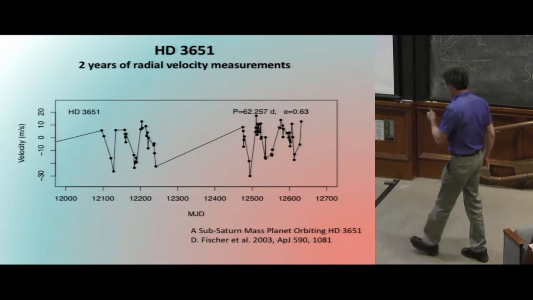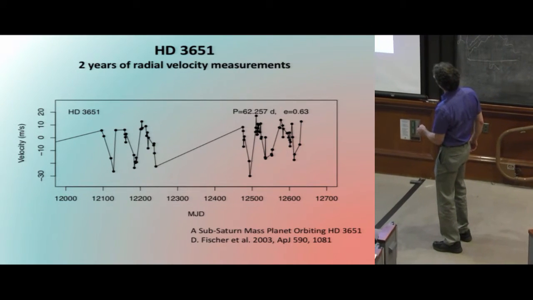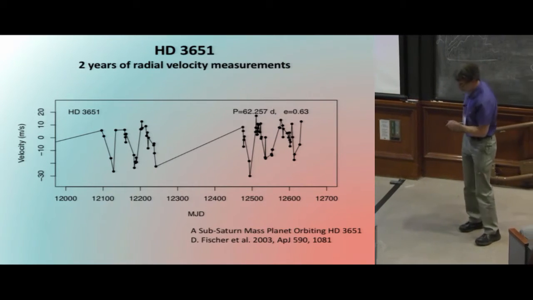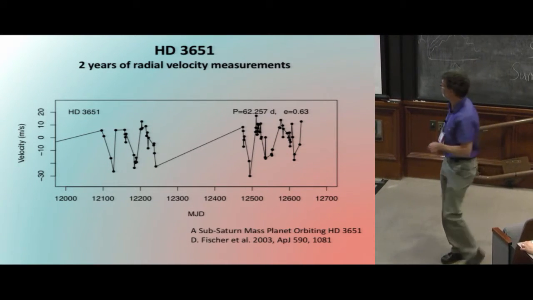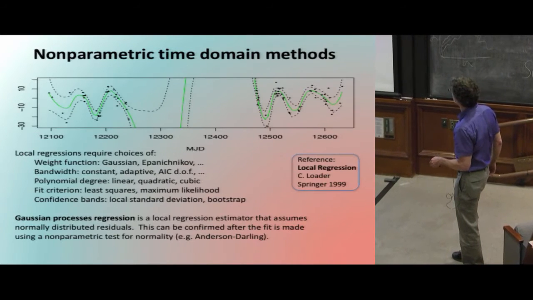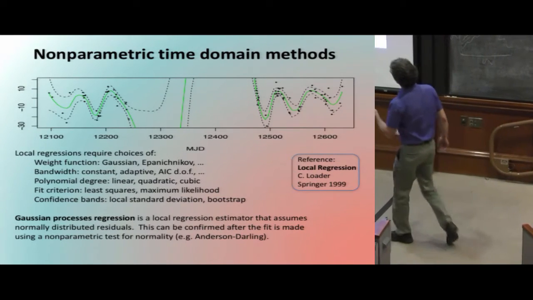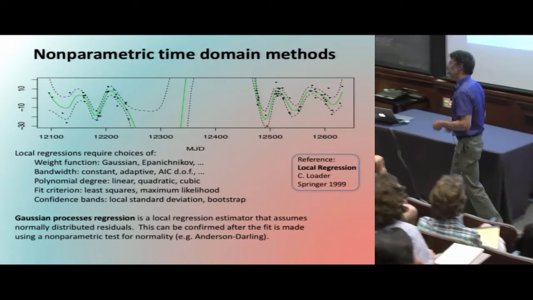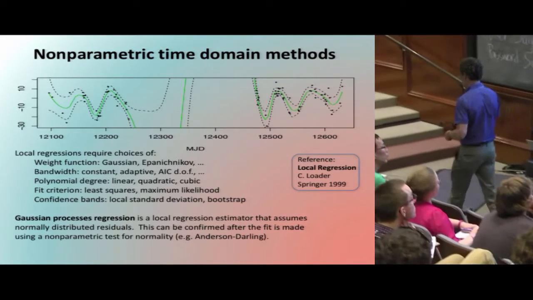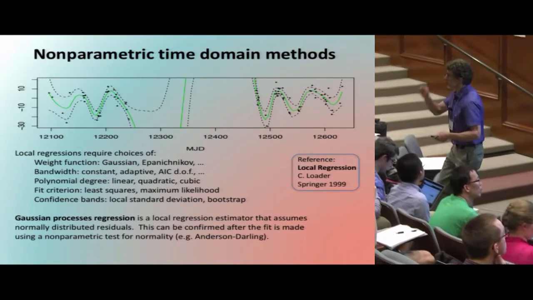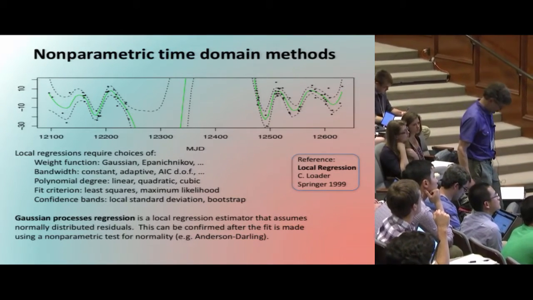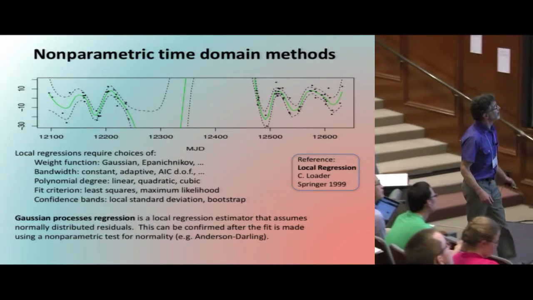Okay, so let's now see, by the way, she reports a period of 62 days and an eccentricity of 63% for this planet. Okay. So let me talk to you about non-parametric time domain methods, particularly something called local regression. There's others. There's simpler ones, something called kernel density estimation, convolving a Gaussian through it, for example, is a very common kernel estimator.